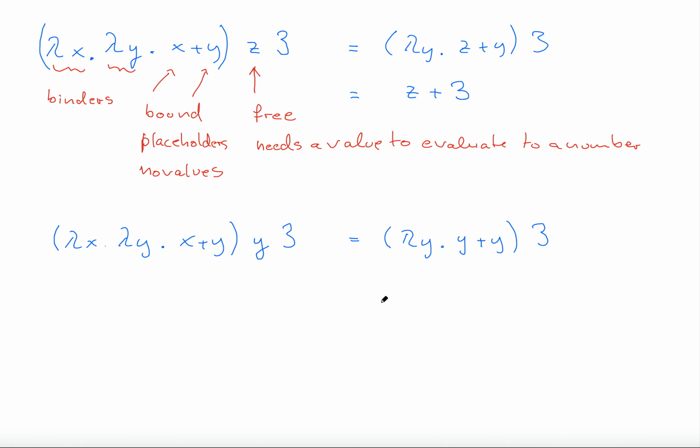And suddenly something is strange, because now if I replace the y by 3, I get 3 plus 3, and then this gives me 6. And before we just said, oh, we shouldn't be able to evaluate this expression without knowing the value of y. But here suddenly the y disappears. This looks wrong, right? The y shouldn't be allowed to disappear somehow. So the question is, what is wrong here?